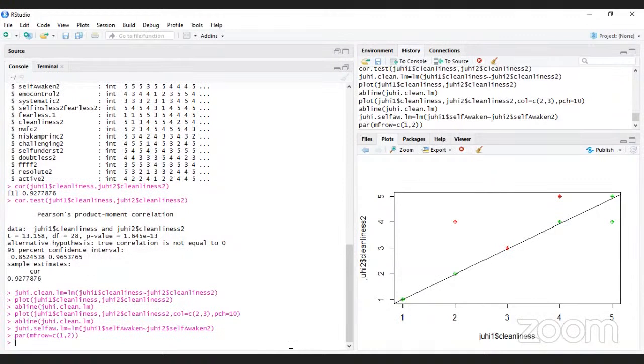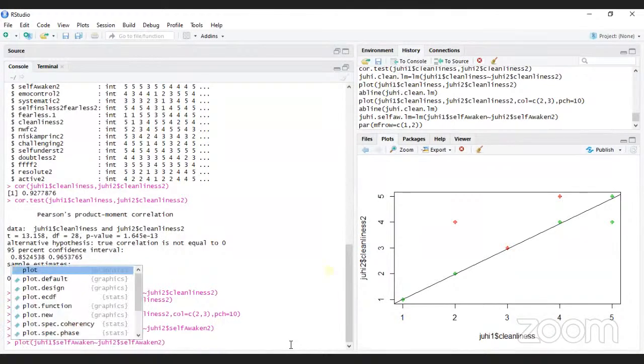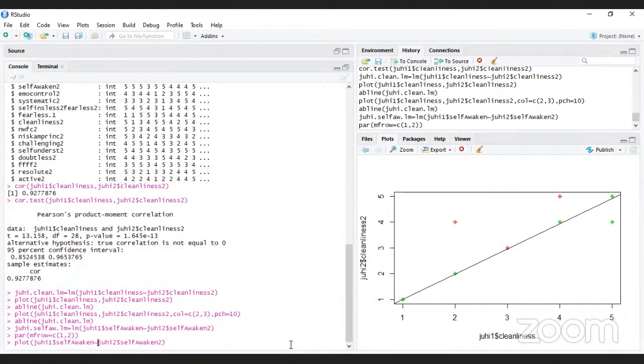Okay, now I can write plot, and this will be the comma.